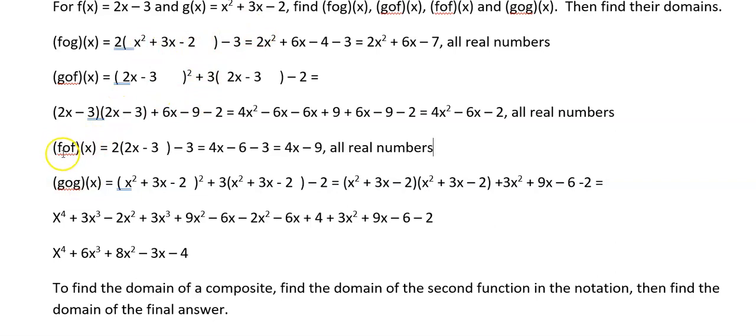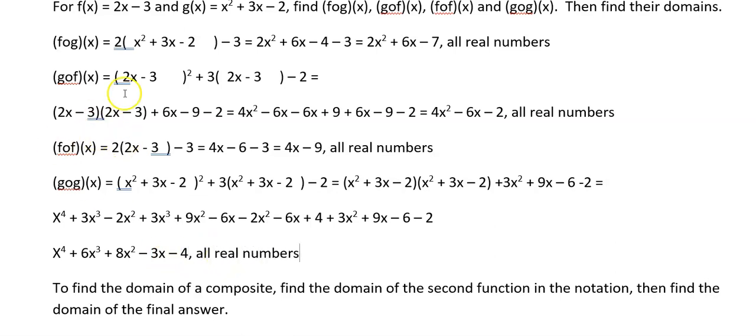I'm sorry, I think I accidentally said first one in the notation back here. G is the second one. We want to look at the second one in the notation. And if we look at that, G is again a polynomial. It has all real numbers for its domain. Our final answer, ugly as it is, is just a big old polynomial. It too has domain all real numbers. So this is, again, all real numbers.